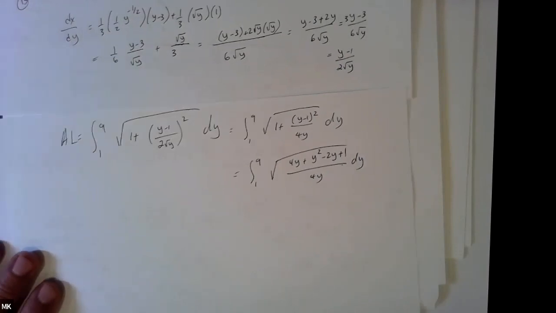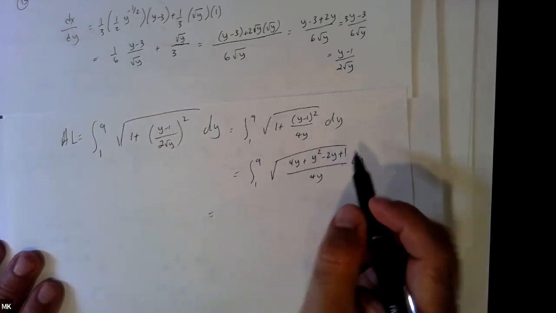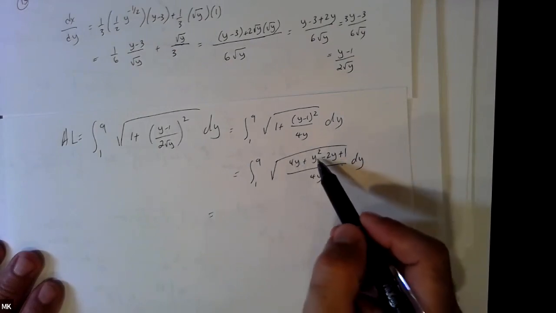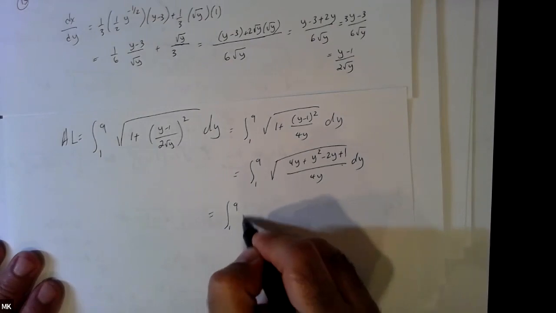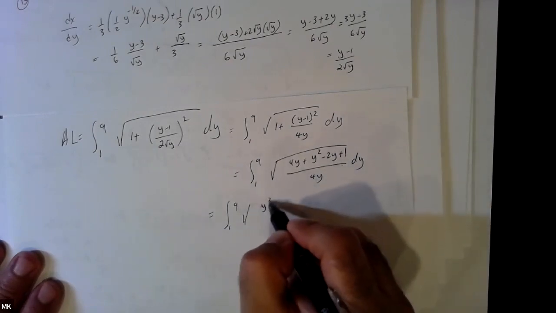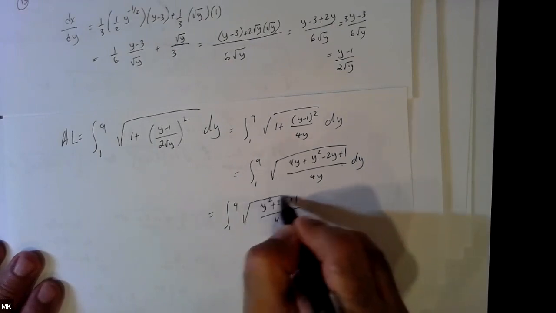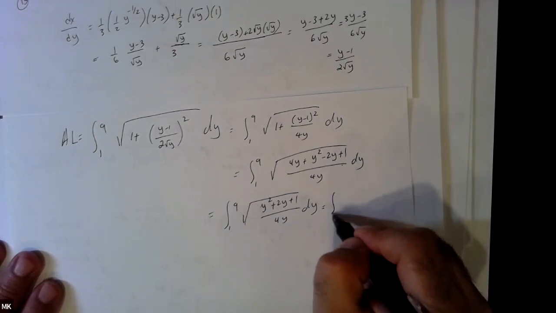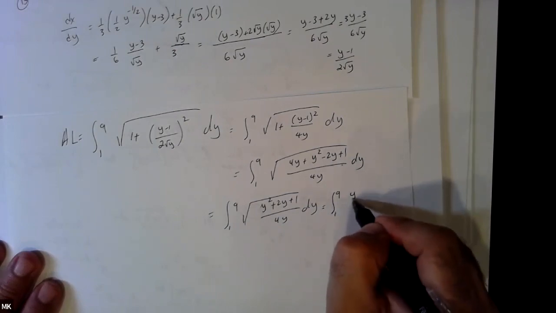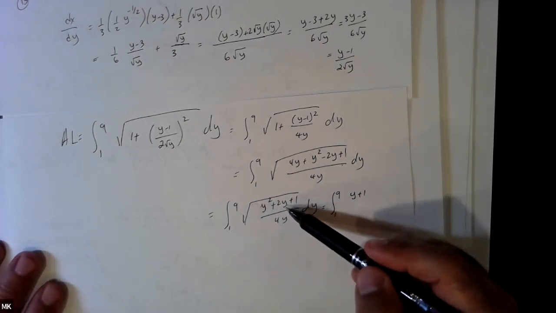And then this is again like the situation we had before. Now we have 4y plus y squared minus 2y plus 1. Yeah, I guess you guys see the light at the end of the tunnel here. y squared plus 2y plus 1 is (y plus 1) squared.